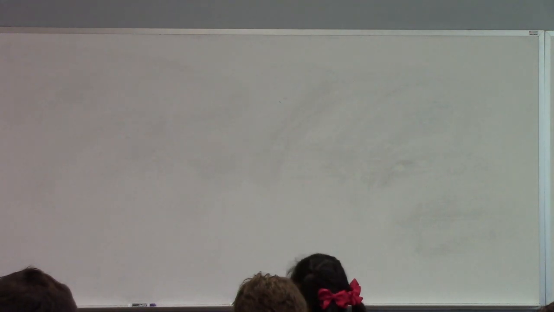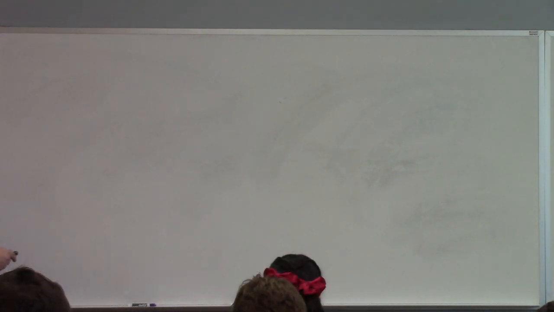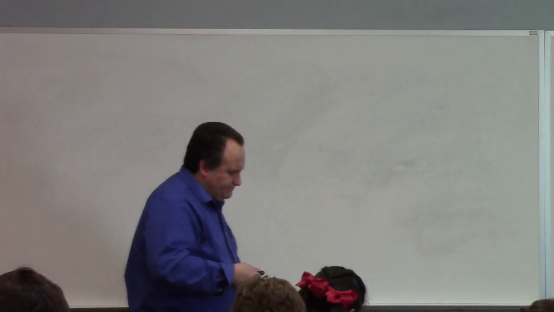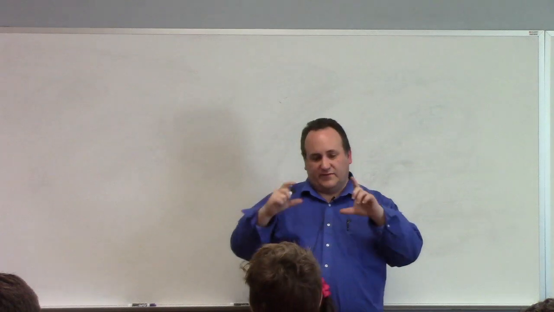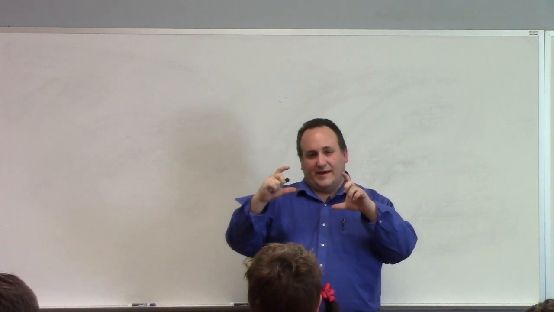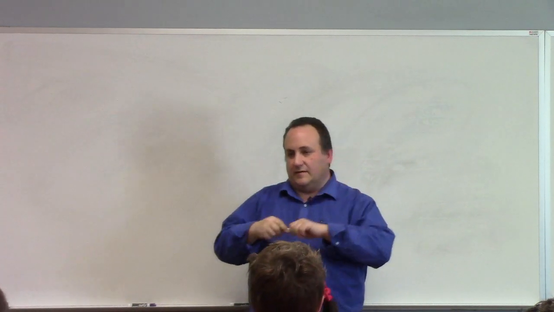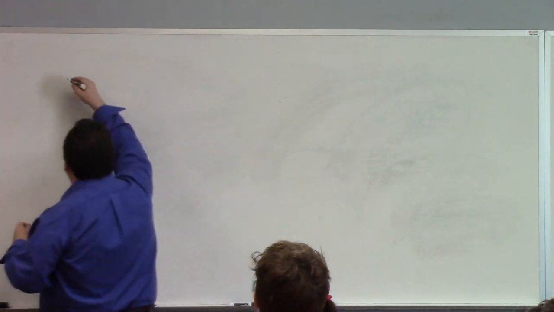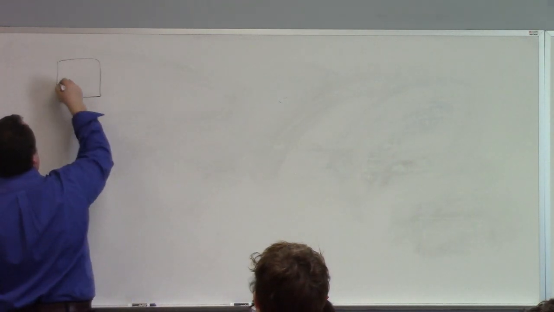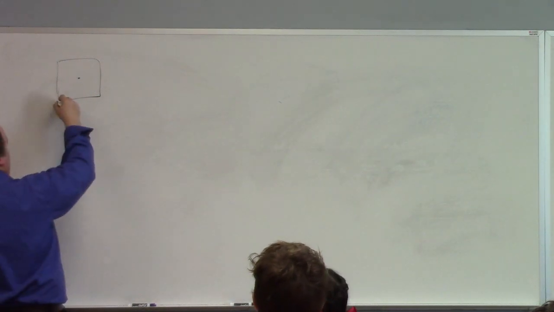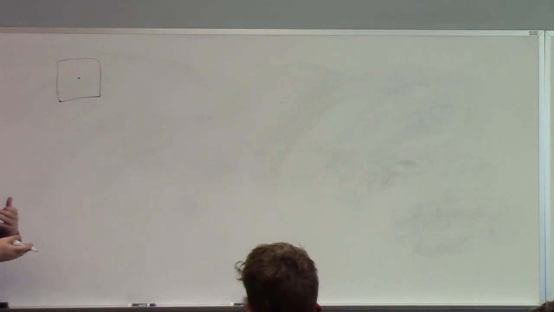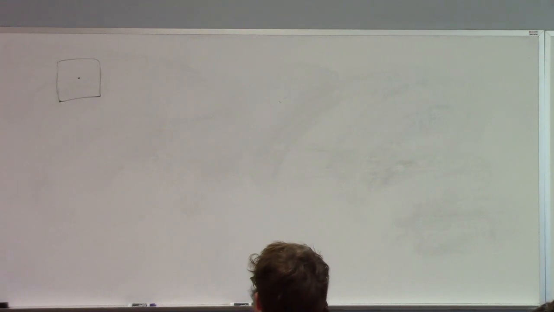I need the rotation part. What I'm getting to is if we know the moment of inertia of a square, we can use the parallel axis theorem. The center of mass is obviously the center of the square, right? So if we're rotating around there, we could use the parallel axis theorem to find the moment of inertia of a square about the corner.